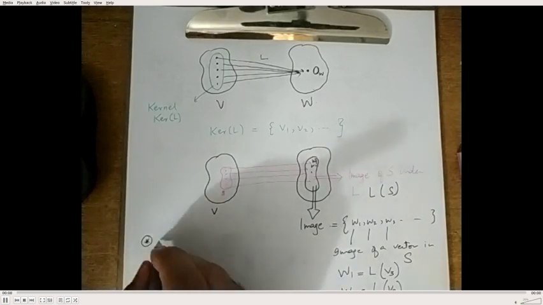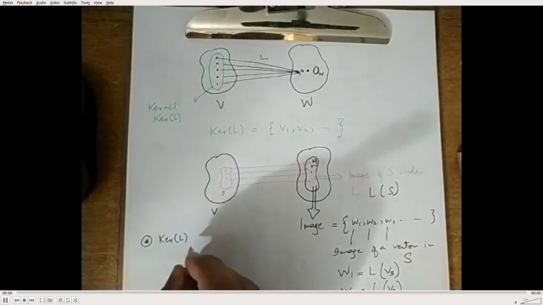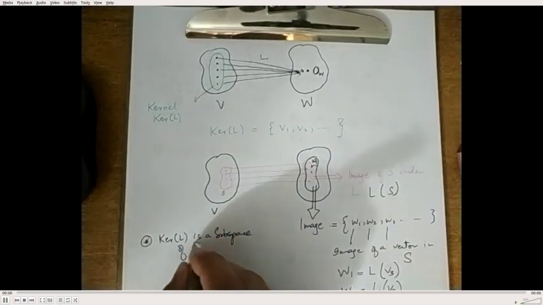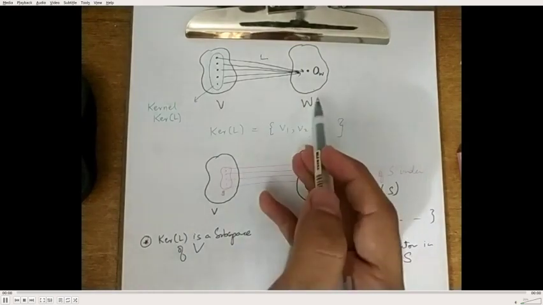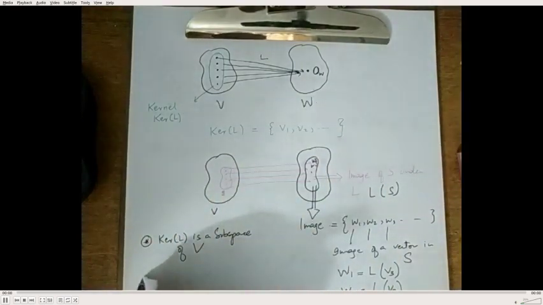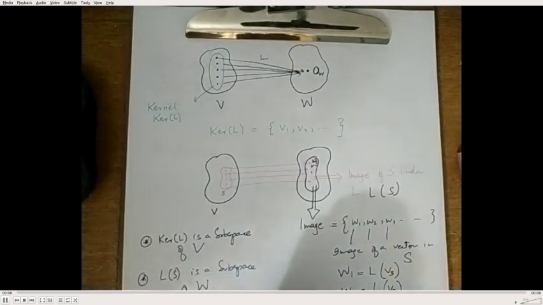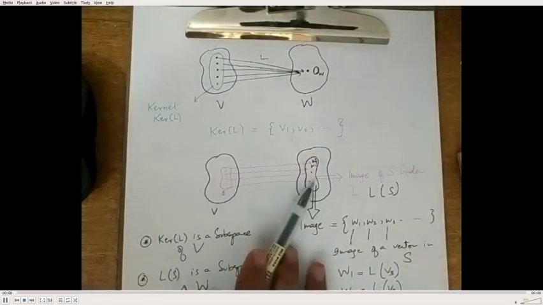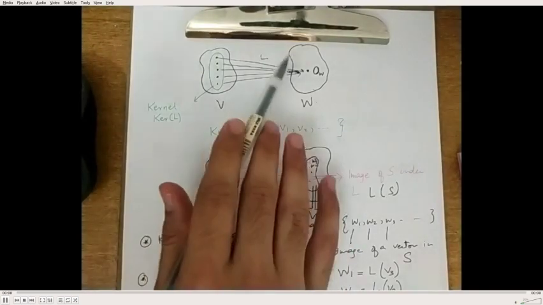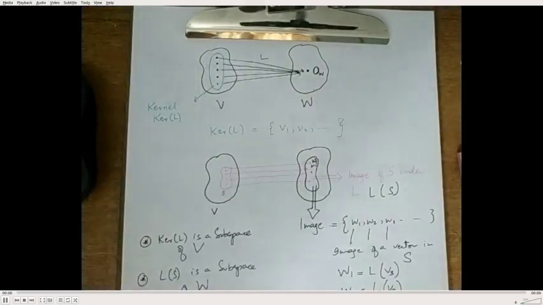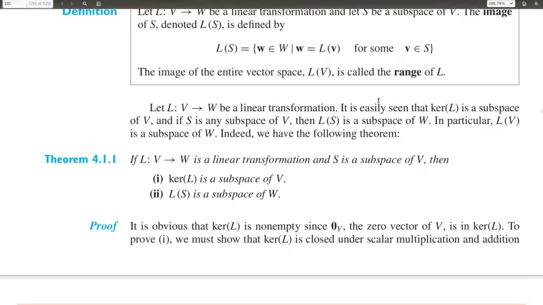The first is that the kernel is a subspace of V. Of course, it can't be a subspace of W because the collection is in V. And the image L of S is a subspace of W. So the image of a subspace also gives you a subspace, and the pre-image of the zero vector is also a subspace. And that's the important thing about kernels and images.